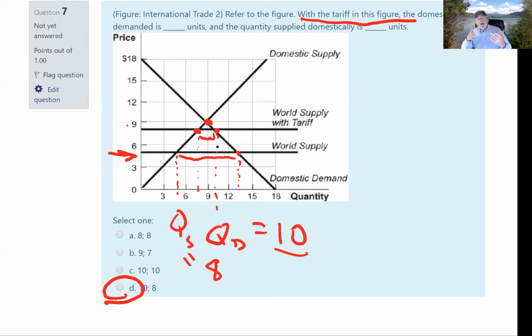Well, that would be the amount that we're importing, the foreign production that American consumers are buying. Okay, just don't get in a rush. Take your time, think through the graph. You can get the right answer on these questions if you take your time.